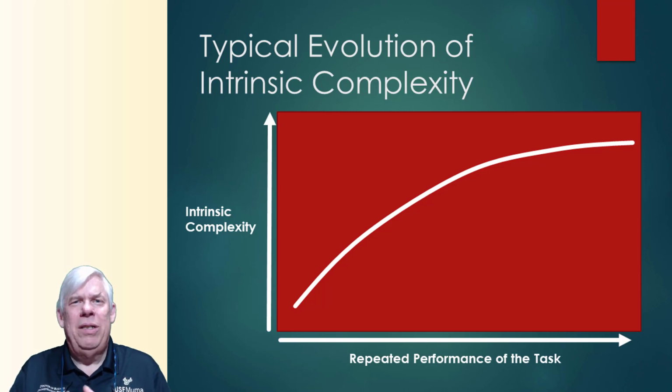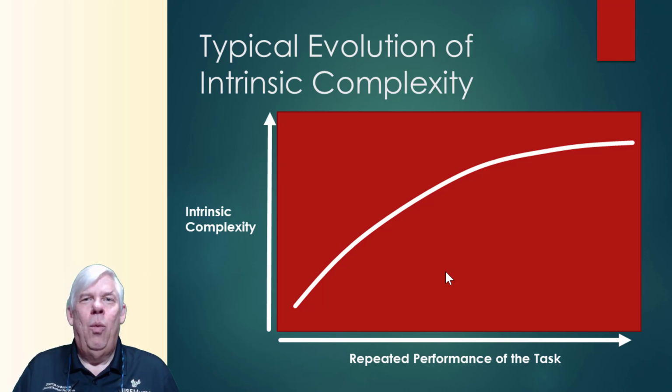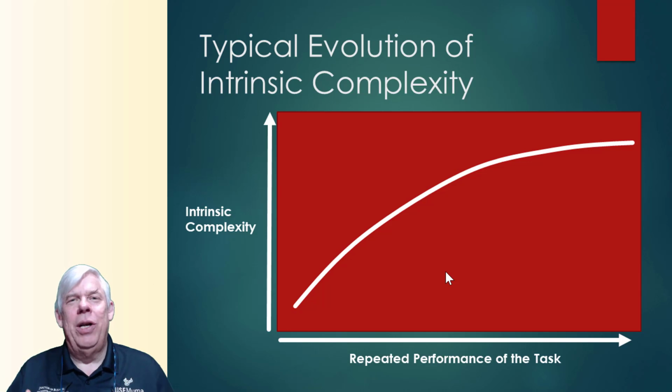Now, every once in a while, someone has a tremendous insight, and we can actually lop off some of the complexity that we find in a task. For example, when the notion of economic order quantity was developed, all of a sudden we could simplify how we determined how much stock to hold in inventory.